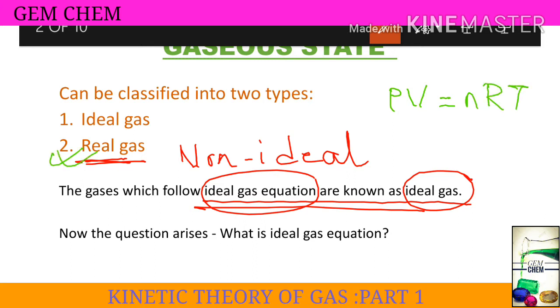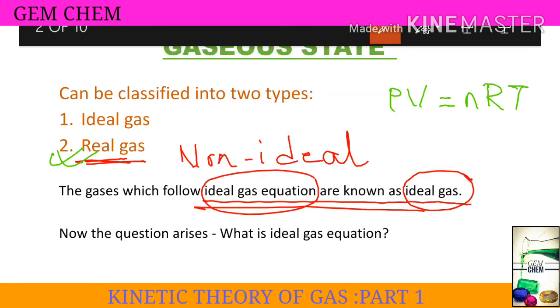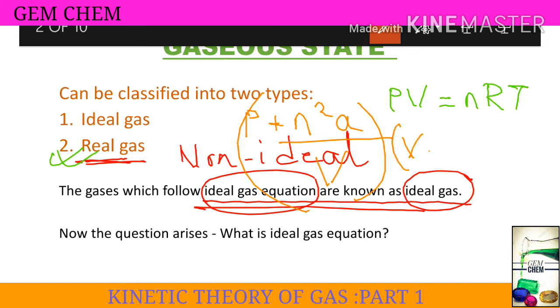And this real gas follows another equation, which is the equation of state for non-ideal gas, that is P plus n square a by V minus nb, which is equal to nRT.